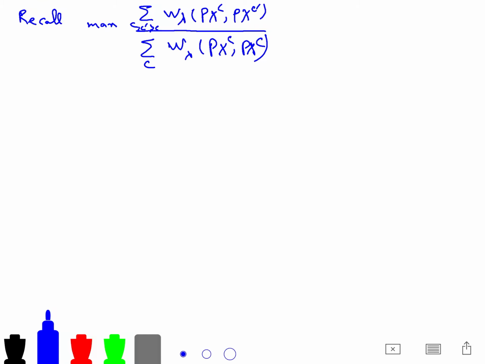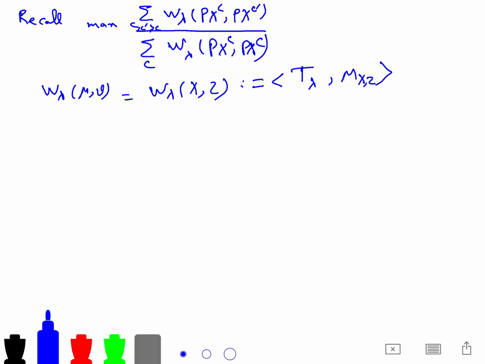And so because the Wasserstein distance between mu and nu, here we have discretized it between matrix X and Z, and by definition, because we have defined it as T lambda and M of X and Z, let's just substitute that and note that Pi transpose Pj is 0 if i is not j.